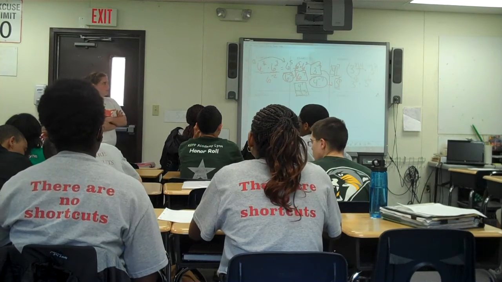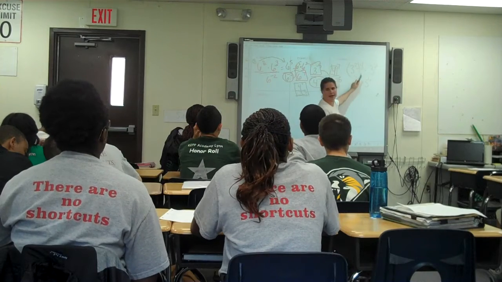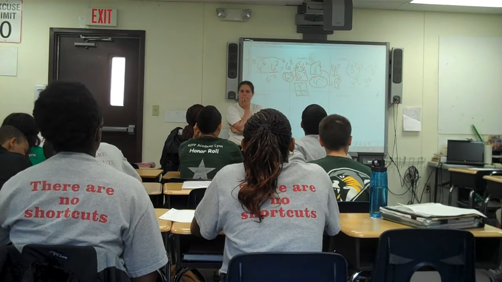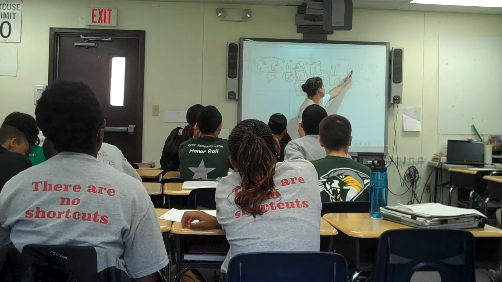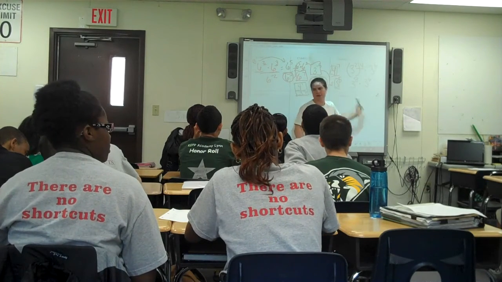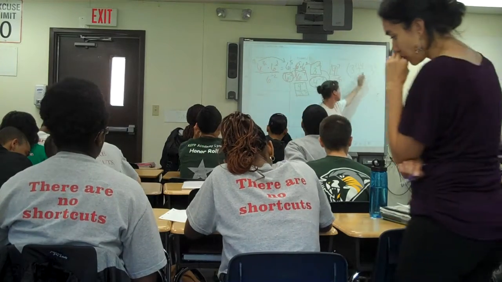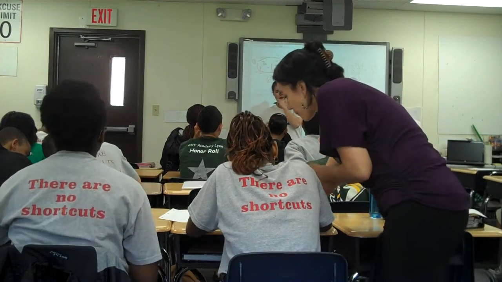Okay. We multiplied here. These are a little bit different. How are they different? So this 3 to the 2nd to the 4th, how is that different than these two? Okay, so then what do we need to do here? We multiplied here, so what do we need to do there?